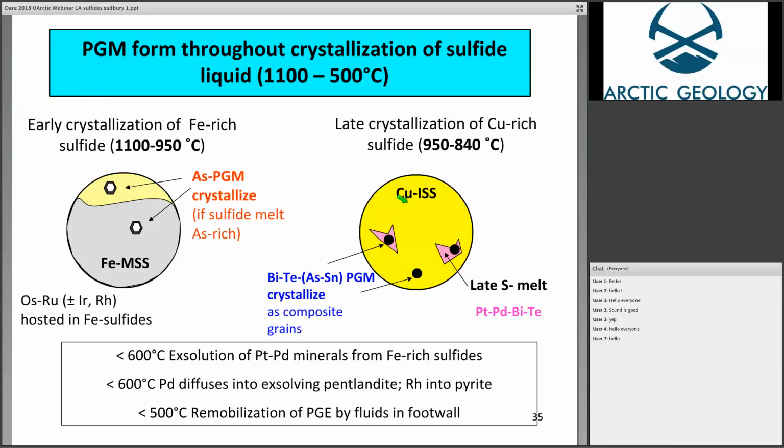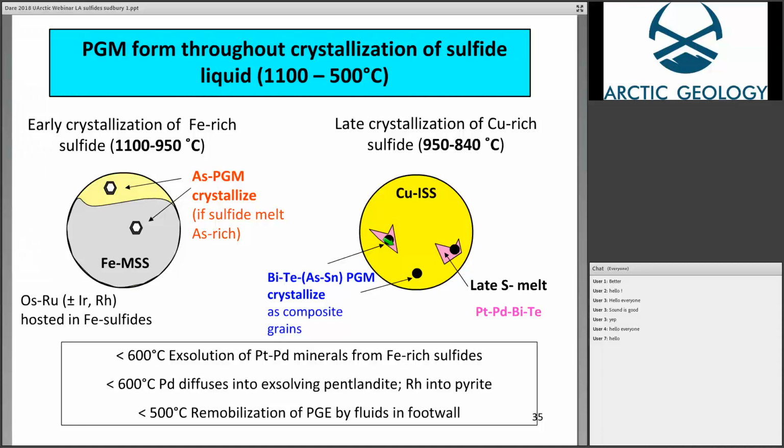Then for the copper-rich liquid, which is enriched in platinum and palladium, because the copper-rich sulfides do not take those elements, they are super enriched into the late-stage trap melt, from which a whole succession of platinum minerals, mainly with bismuth and tellurium and some arsenic and tin, crystallizes as composite grains.